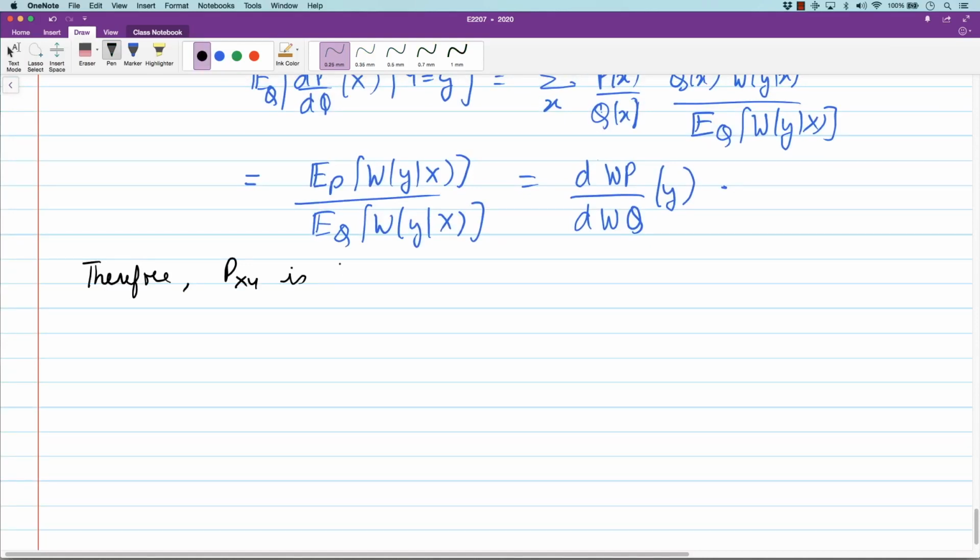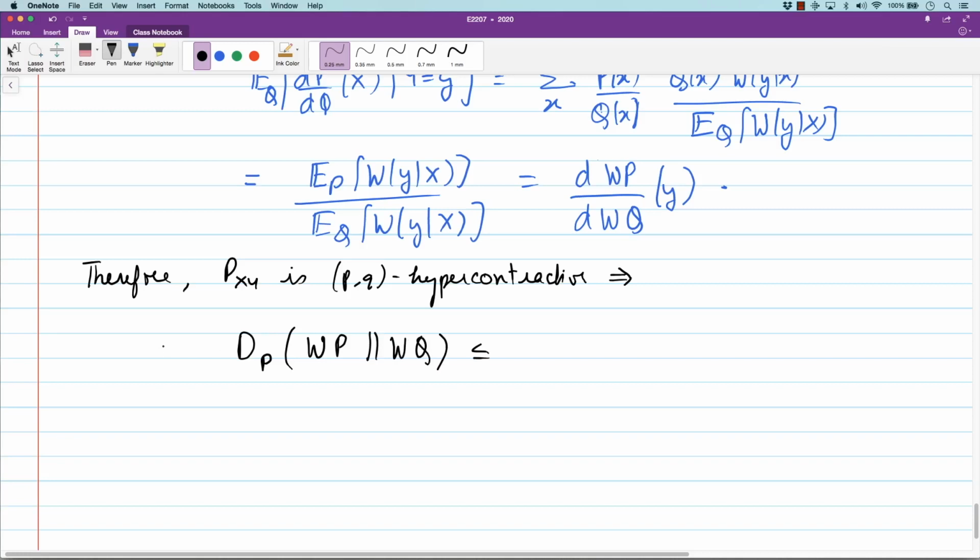So therefore, P_XY is (p,q) hypercontractive implies D_p(W_P || W_Q) is less than or equal to ... We take this guy to this side.